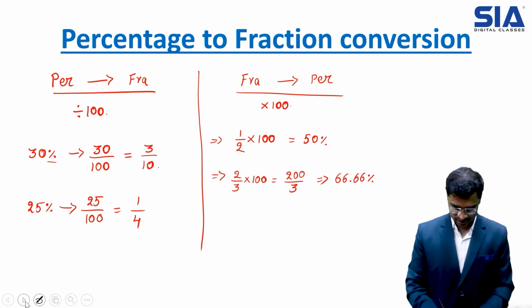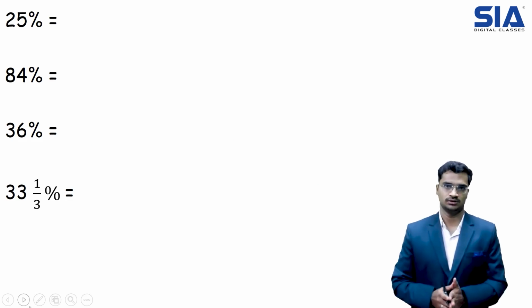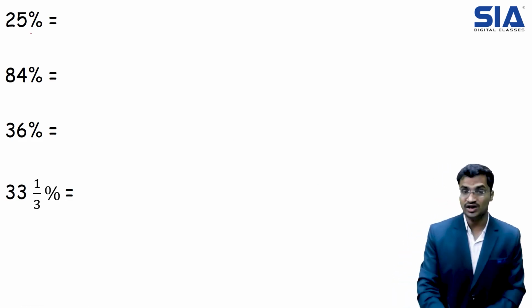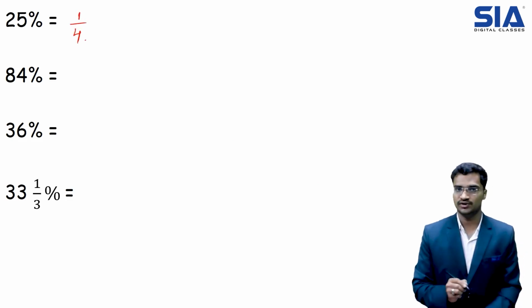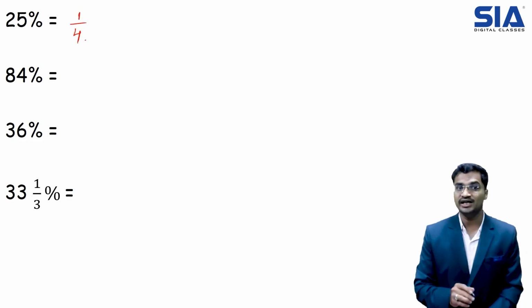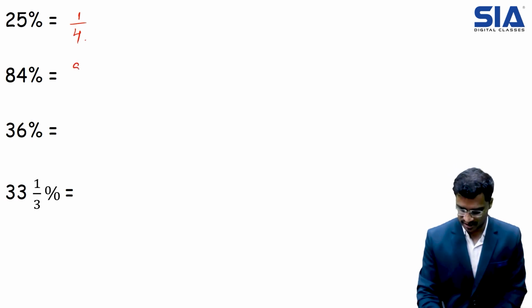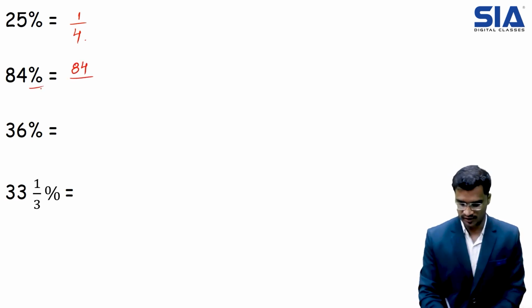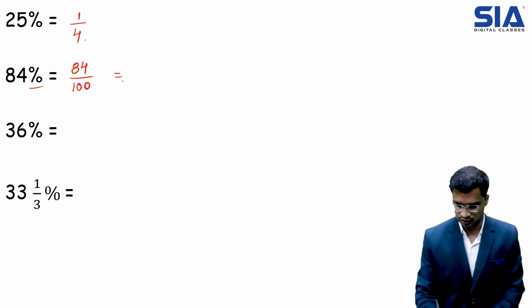Now let us solve some questions based on this. Let us practice some. So 25 percentage in fraction value: we have already solved it, which is 1 by 4. Now 84 percentage in fraction. Here we have the percentage symbol, so 84 by 100. 4 2s are 8, 4 1s are 4, 4 25s are 100.